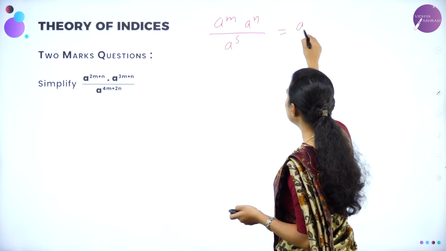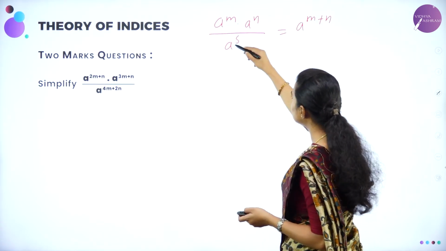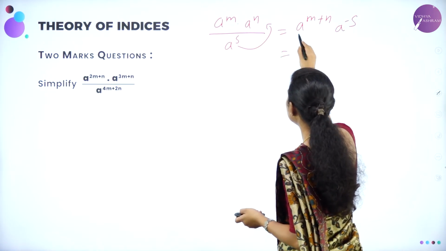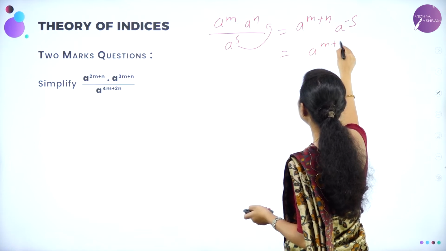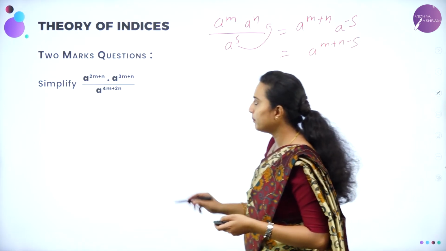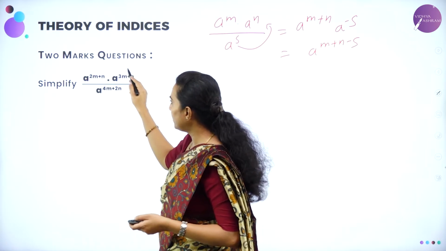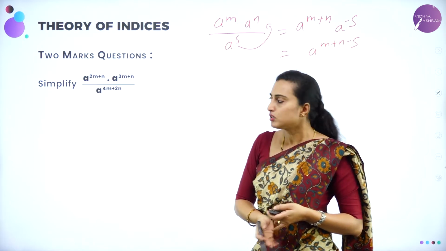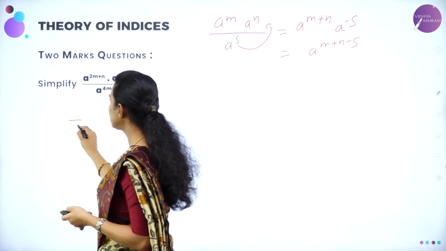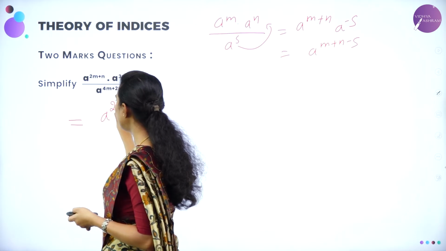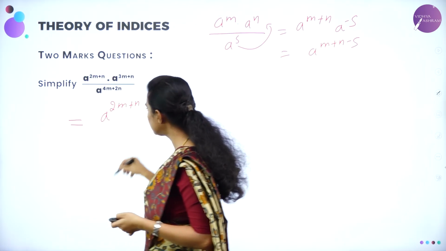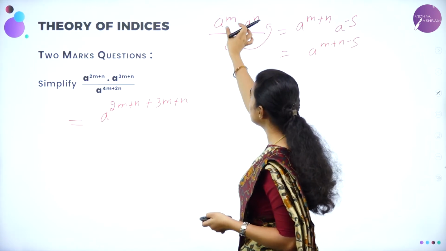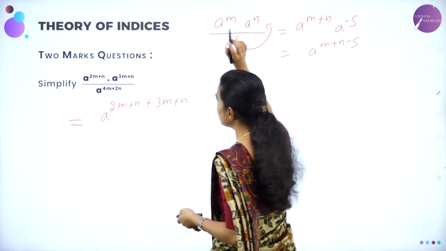So this can be written as a power m plus n. If this comes to the numerator, it will become a power minus s. Again, the bases are same, I can add the powers. A power m plus n minus s, where m replaces 2m plus n, n replaces 3m plus n, s replaces 4m plus 2n. If you are confused because m is there here and m is there, you can change the variable.